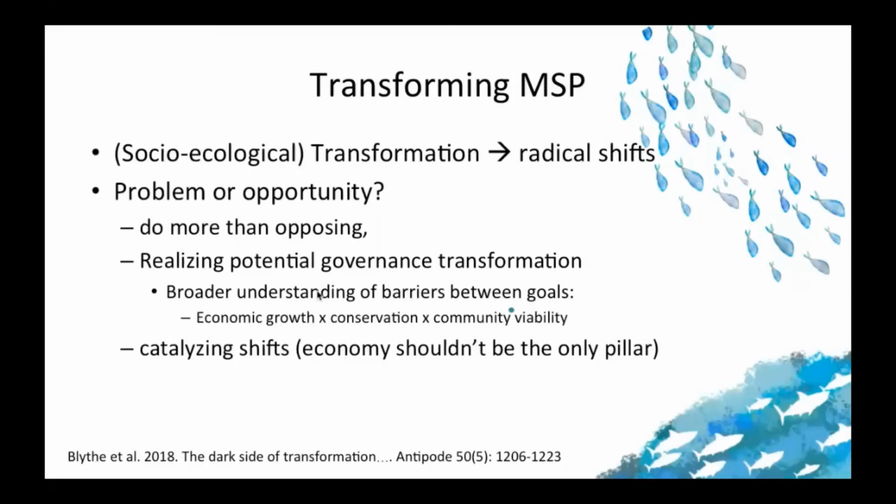So my proposal here is that we do more than simply opposing the initiative, but we should use it as an opportunity to catalyze the shifts that we want to see. And the shifts that we want to see shouldn't be just economic ones. We want to see shifts that promote both ecological and social sustainability as well.